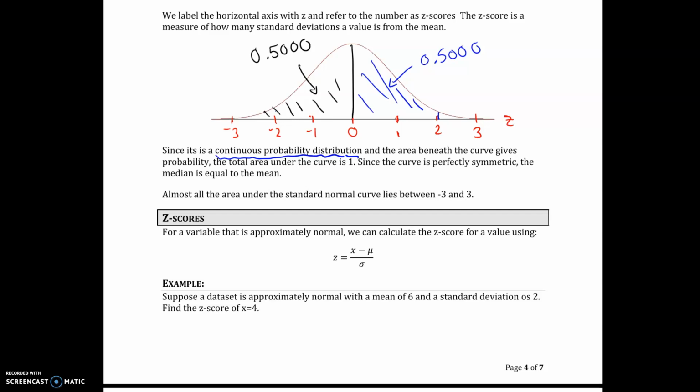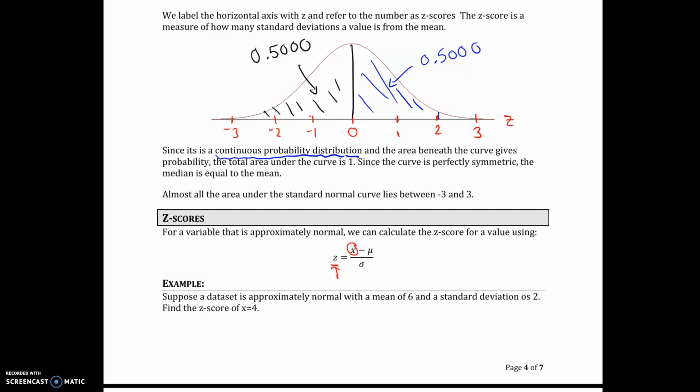So a formula that we need to get used to is this idea of the Z score, which is a measure of how many standard deviations a value is above or below the mean. So to figure it out, we take the value we're interested in, we subtract the mean from it, and we divide by the standard deviation.